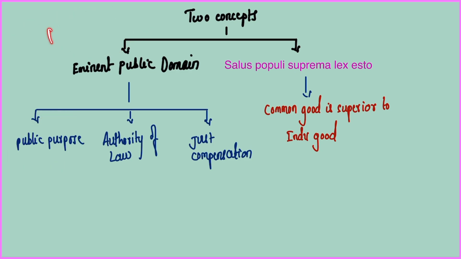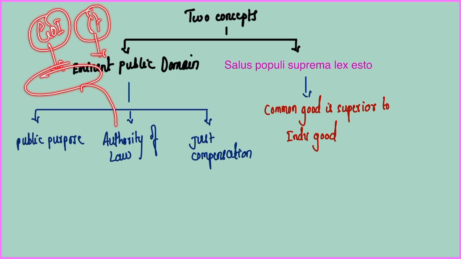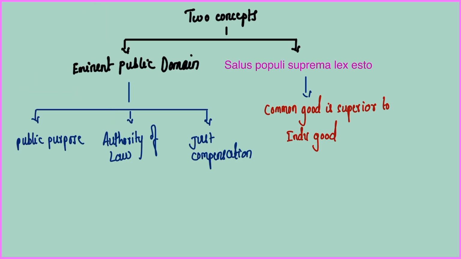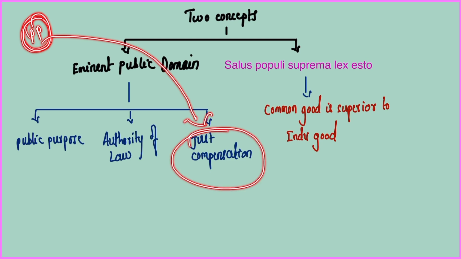Second condition is that private property can be taken only under the authority of a law, meaning simply the government of India or state government cannot do it. State legislature or parliament can enact a law which will take away the private property for public purpose. Third, if private property is taken away from the individuals, then they must be provided with just compensation.